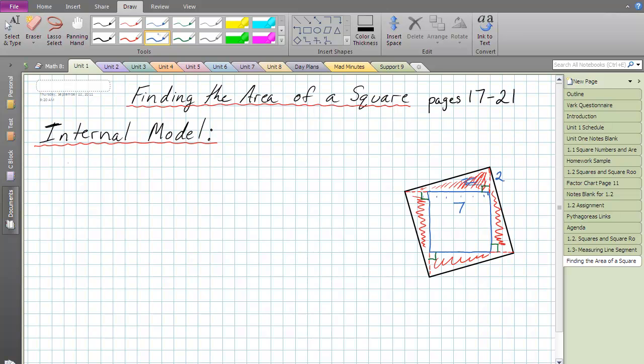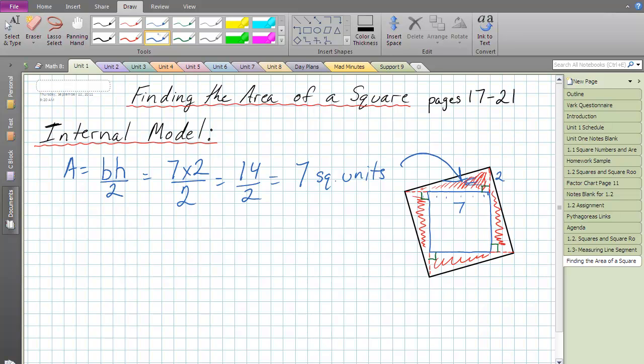The area formula for a triangle is the base times the height divided by 2. So in this case, we have 7 times 2 divided by 2, which equals 14 divided by 2, which equals 7 square units. That's the area of this one triangle.